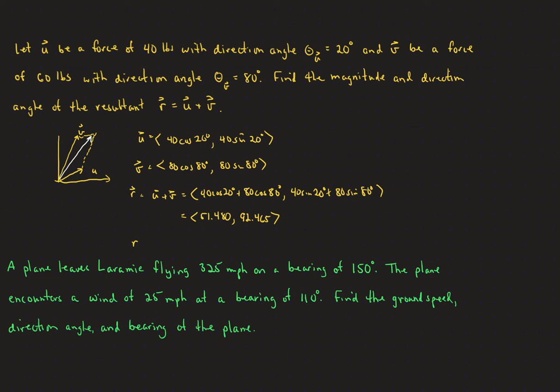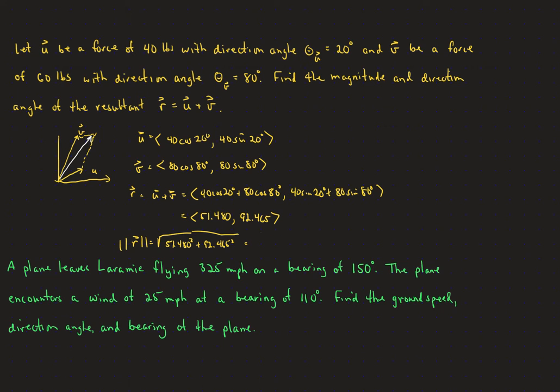We want its magnitude. So we are going to take the square root of that 51.480 squared plus 92.465 squared, but I'm going to use the exact values on our calculator.